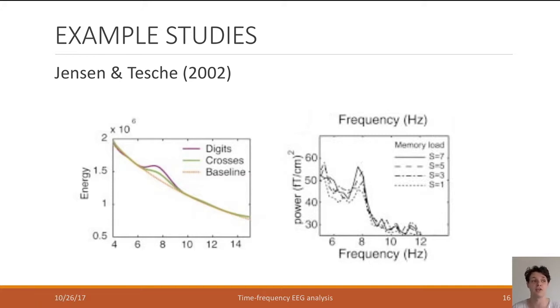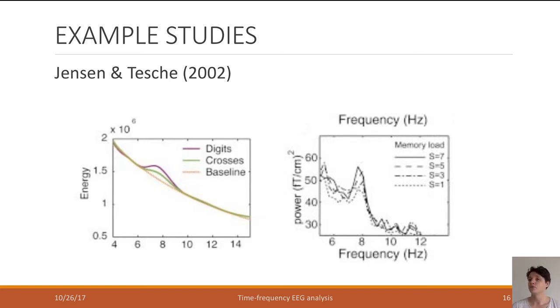And this is theta that's present in the frontal areas of the brain, so the left and the right side of the brain. So this basically shows you that you can very easily get frequency information from your data, and that this frequency information can oftentimes be linked to particular behavior.